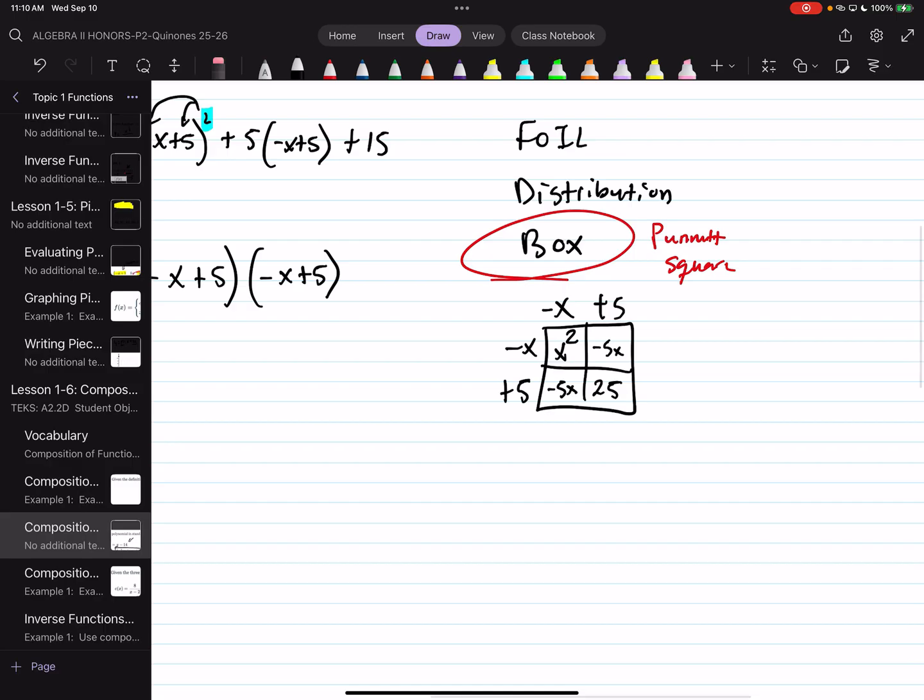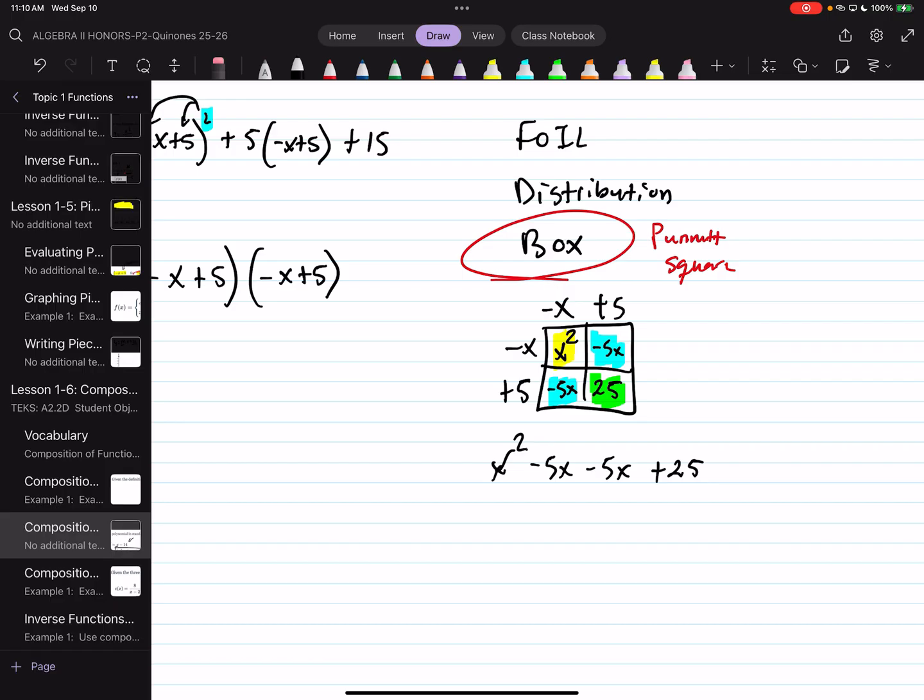Okay, I have this x squared. I have this negative 5x. I also have this negative 5x. And then I have this 25. Are there any terms that I can combine?